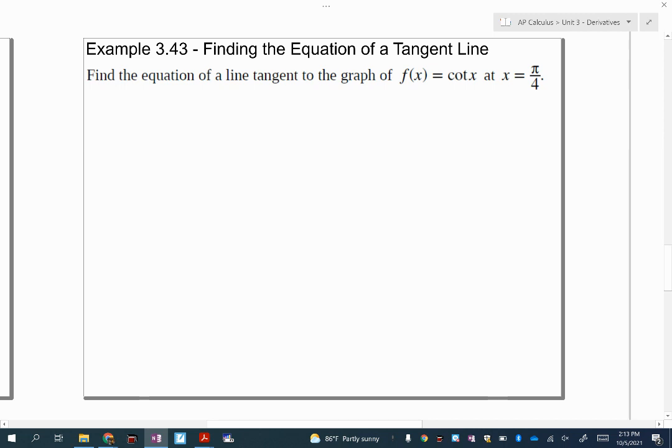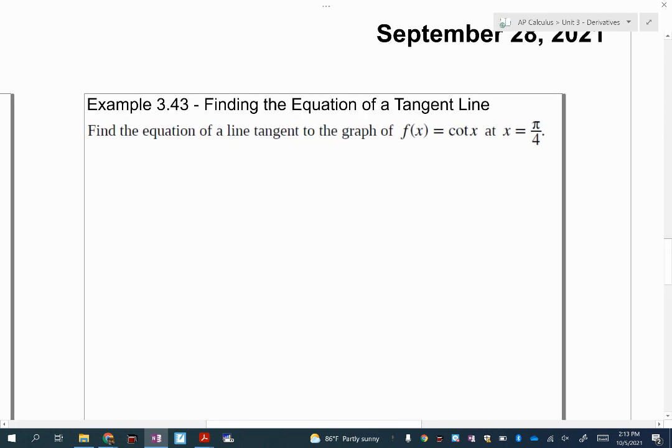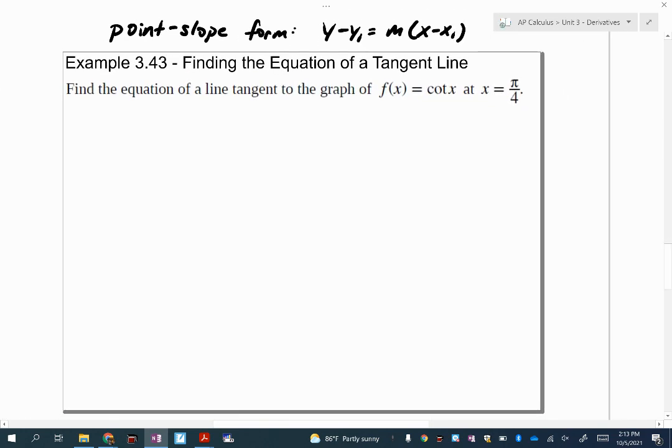So the first step is we're ultimately going to use point slope form, which is y minus y sub 1 equals m times x minus x sub 1. So I need a point. They gave me the x value, so I'm going to plug pi over 4 into this function, the cotangent of pi over 4, to get my y value.